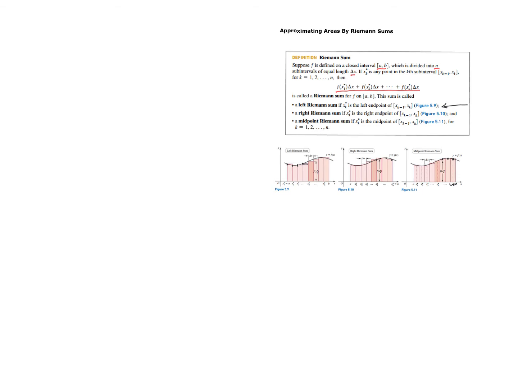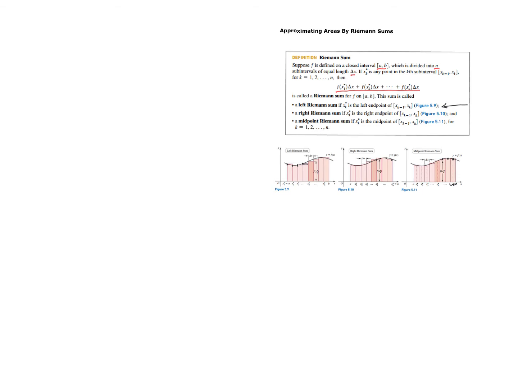So I'm just going to draw a general function, f of x, from A to B. So this is the area that we want to find. And I want to find my subintervals. We're going to use n equals 4. So our delta x is going to be b minus a over 4.